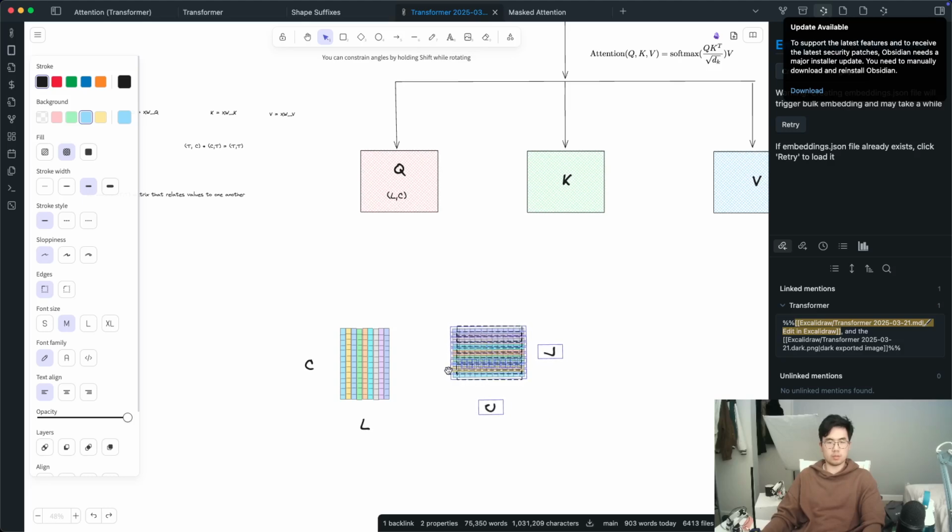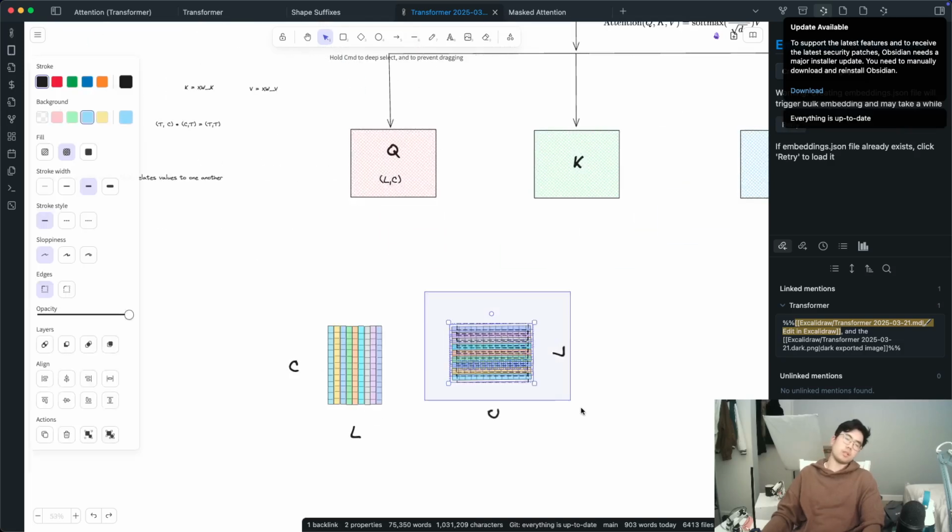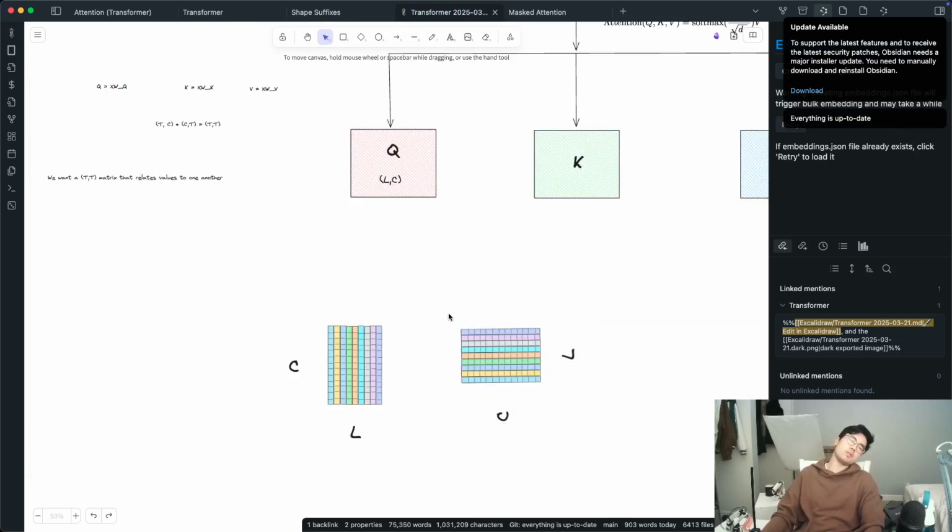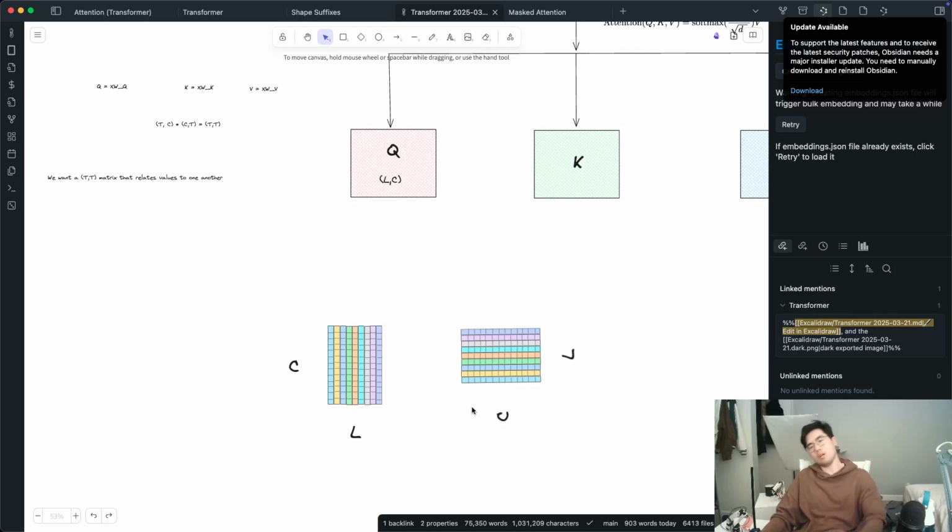This is kind of what you want. Row times column.